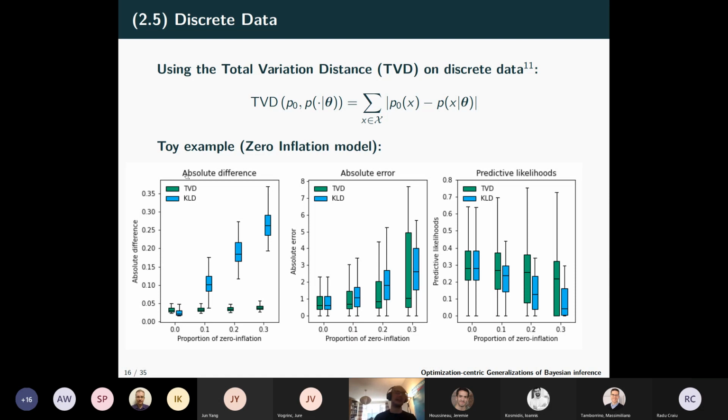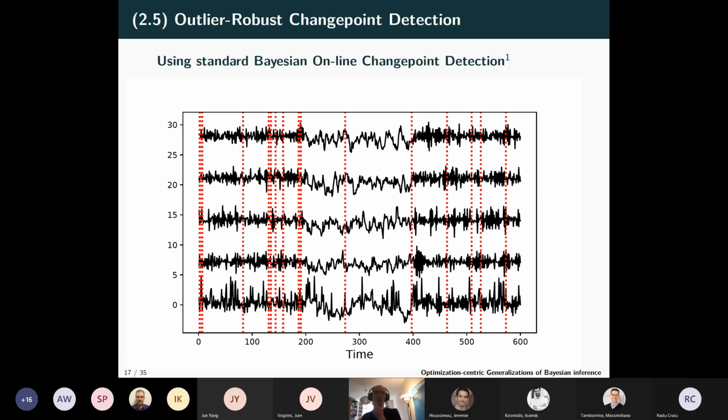And here on the left-hand side, for example, we plot what happens if you use the standard Bayesian posterior versus you use the total variation distance. And what you can essentially see is there will be some pollution that the total variation distance also suffers, but once it reaches a certain level, it won't get fooled into becoming worse and worse and worse the more zero inflation you get. So this is something you can do.